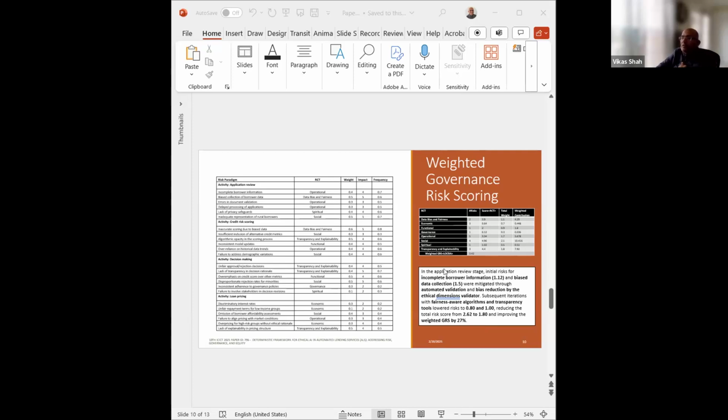We saw that by doing that, two specific tasks had a reduced frequency and overall score, so we can see the reflection in the specific risk classification. So by improving and accommodating some of the core features and functionality in the deterministic framework, we are able to improve the governance risk scoring.